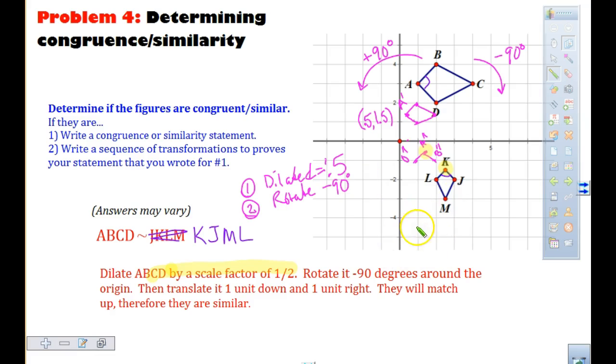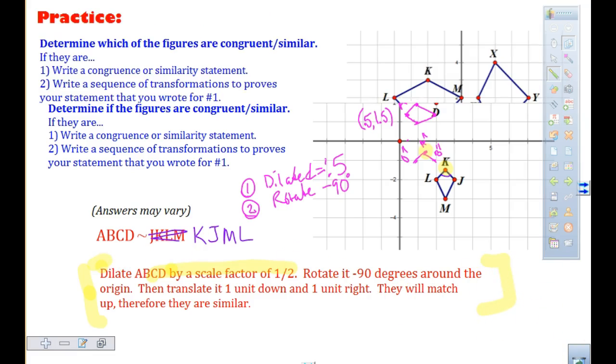Anytime you have those decimal ones, if you do the size change first, you're more likely to get on. It does not have to be done that way, okay? So again, there is more than one way of doing this. Some of you might have seen that in your answers, and yours actually worked when you checked yours.